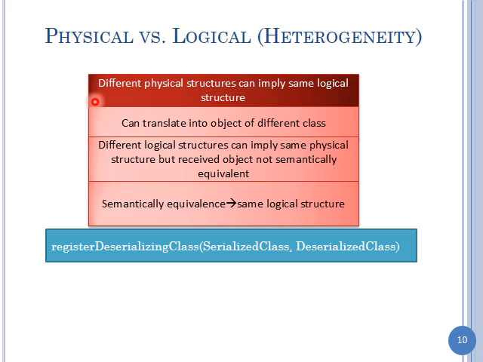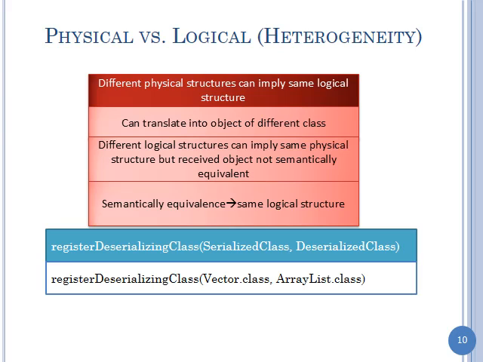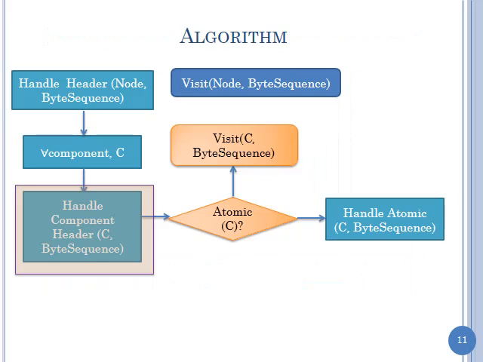So you can say, for this serialized class, please deserialize using this class. Okay, that's possible with logic. That's what I require you to do in your homework: deserialize vector as array list.